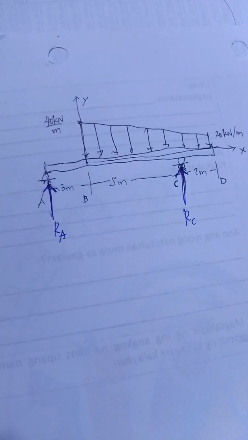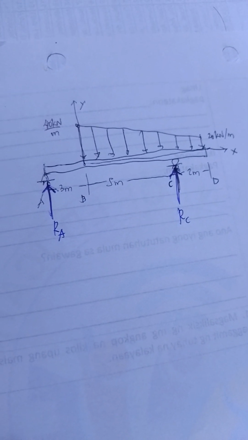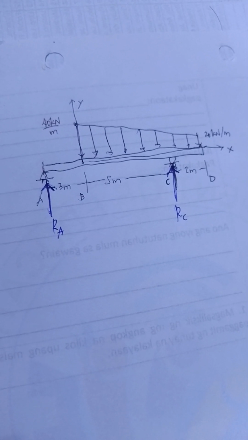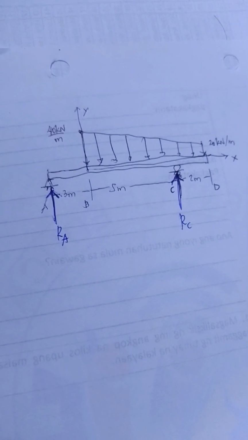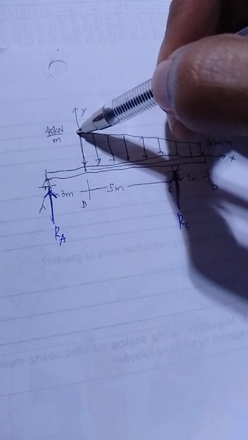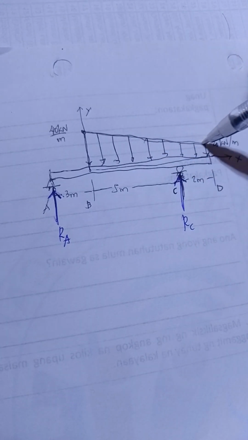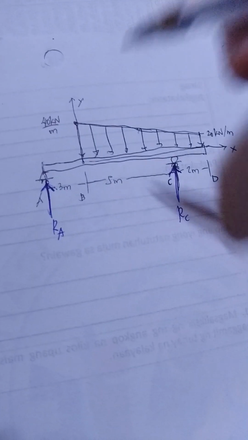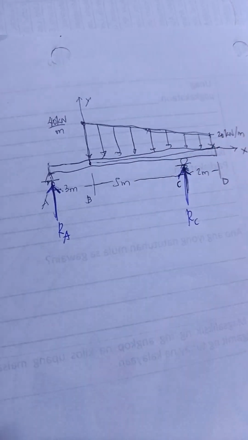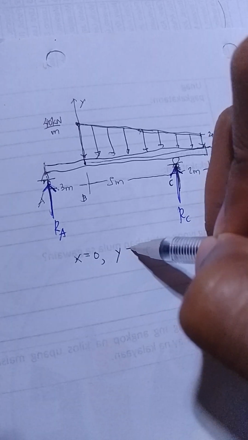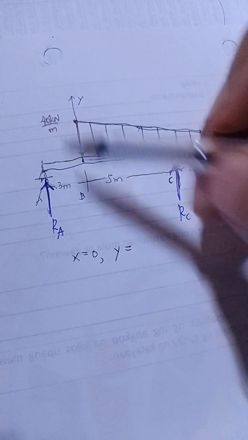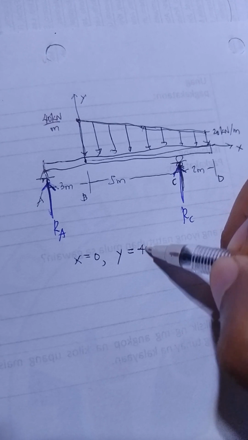Since the general equation of a line is y is equal to a plus bx, we only need at least 2 points so we can define this uniform varying change in this loading. Since our origin is right here, when x is equal to 0, our loading is 40.